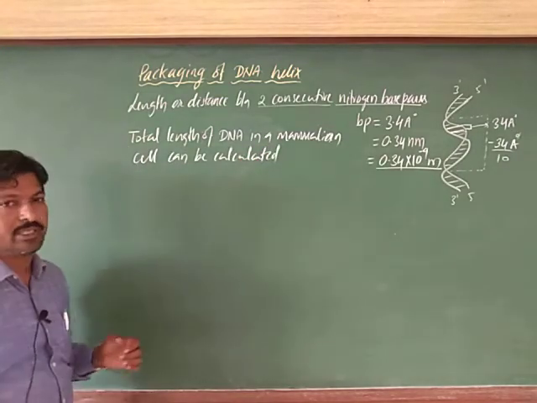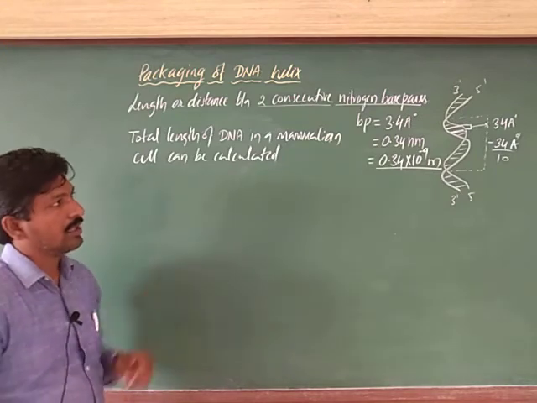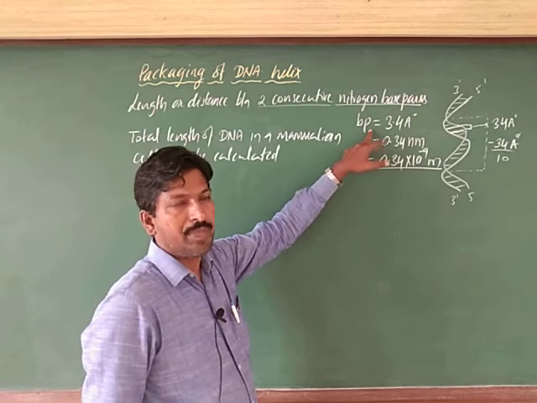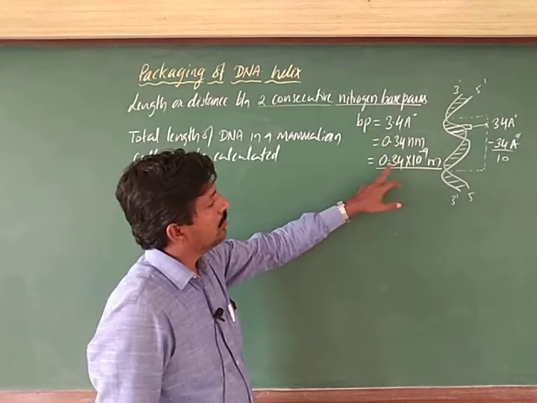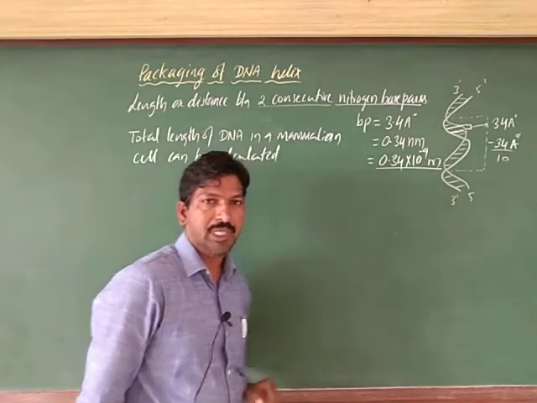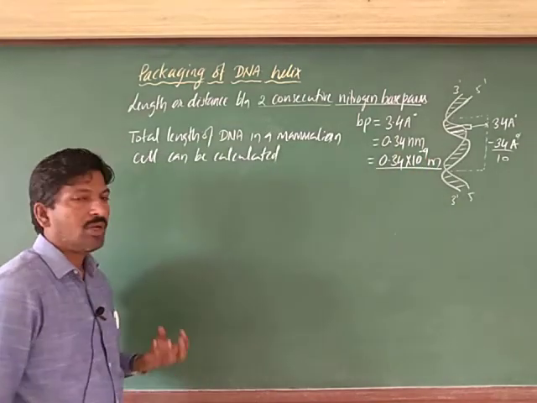How is it calculated? We should know the data. Already you know the distance between two base pairs: 0.34 into 10 raised to minus 9 meter. And once you know the number of base pairs, the length can be calculated.